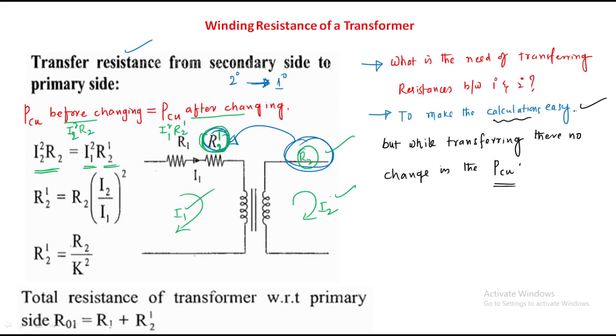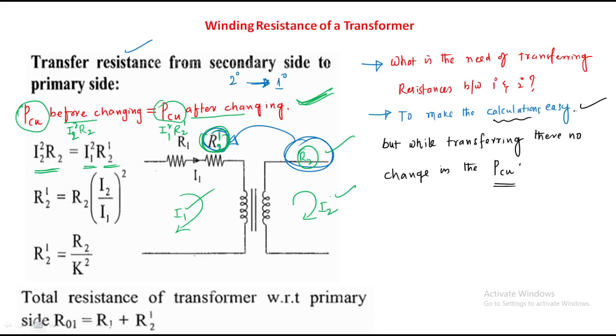R2 dash. Clear? But at any case, there is no change in the copper loss. That is very most important point. Before changing or after changing, the value of copper loss should be same. Therefore, from this equation, R2 dash should be equals to R2 into I2 by I1 whole square.